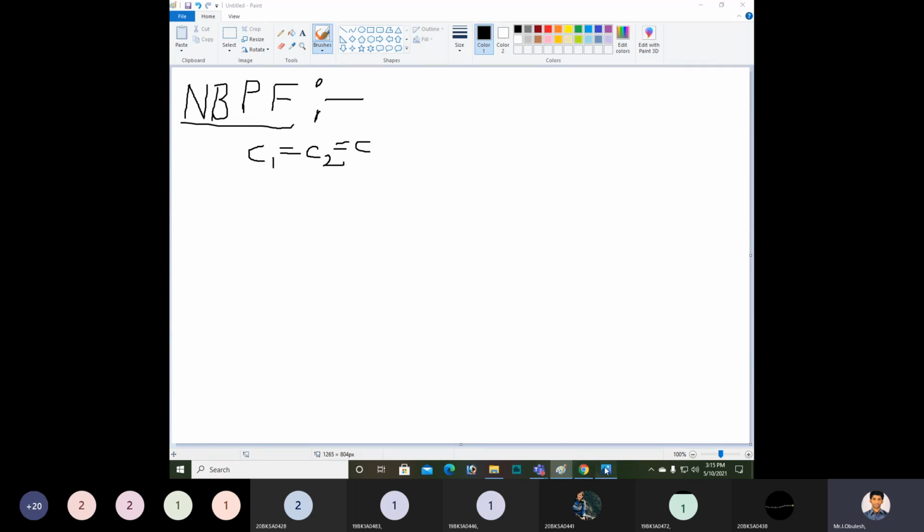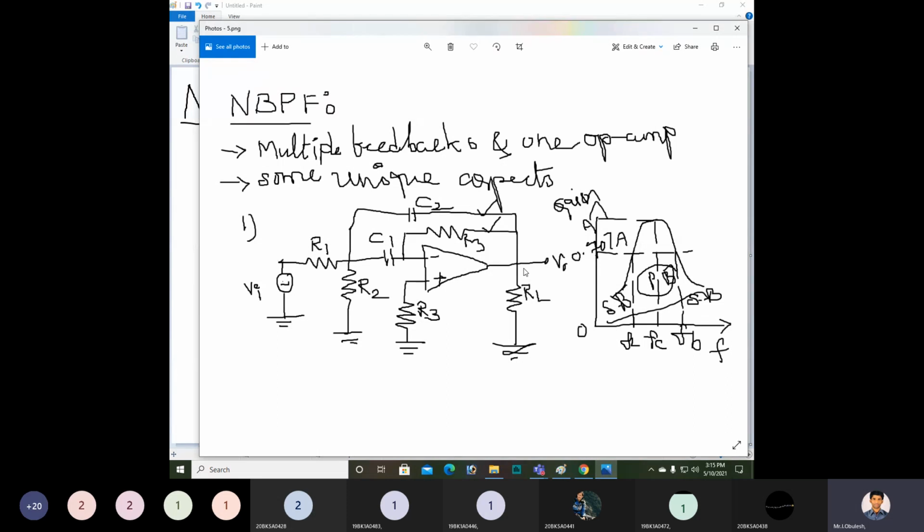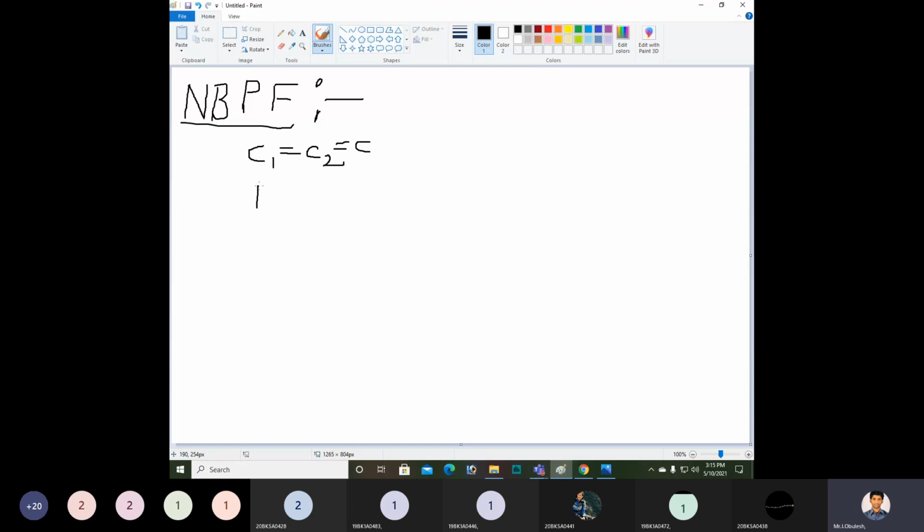You need to assume that C1 is equal to C2 is equal to C, and R1 is equal to Q by 2 pi Fc into C into AF.